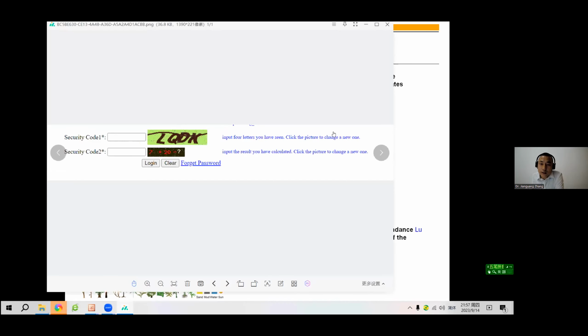This is for security, because if you do not put this function, the machine will try many passwords, and my database will be down frequently. So if you are human, then you can input this security code. If you are machine, you cannot input correctly. Yeah. So I think it is important.